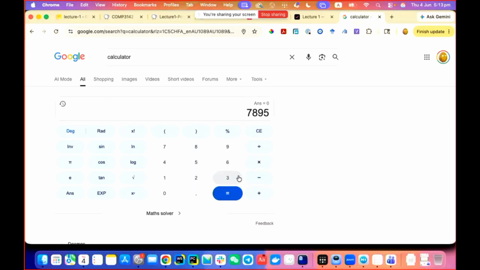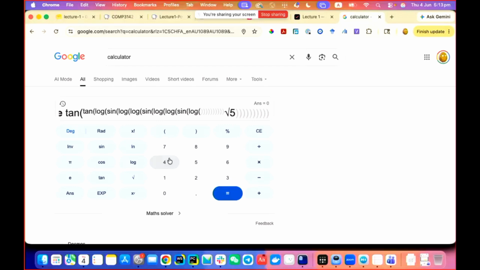Or we use our physical keyboard to key in some math formulas or expressions. But you can see that this keyboard is very limited, and our keyboard has many more characters. What if we just randomly click on something on our keyboard? What will happen here? This is some random click.